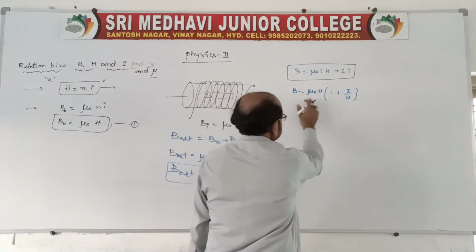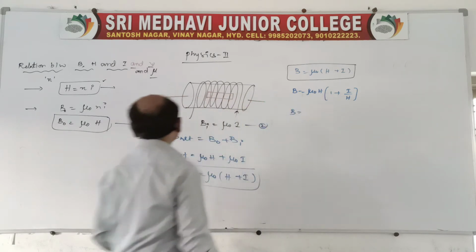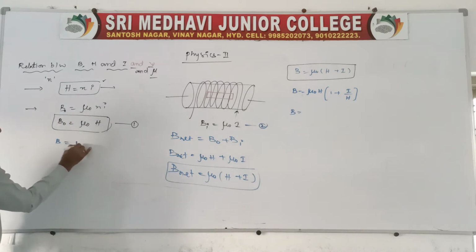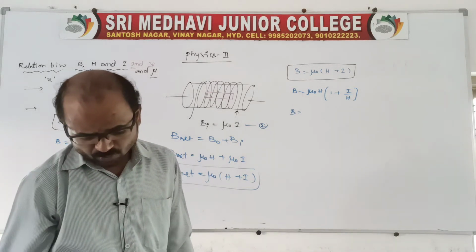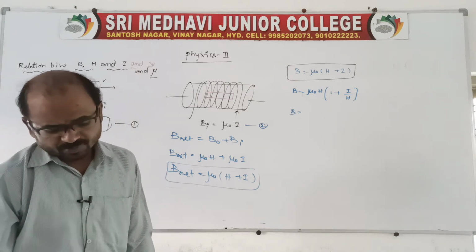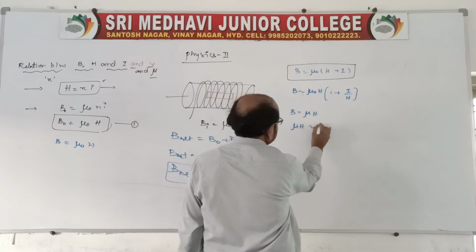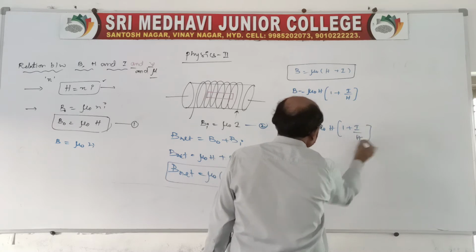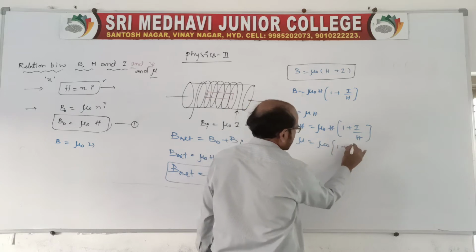We know B is equal to mu naught H, and otherwise we can also say B is equal to mu H. Therefore mu H is equal to mu naught H into 1 plus I by H. So H is cancelled, and mu is equal to mu naught into 1 plus I by H.